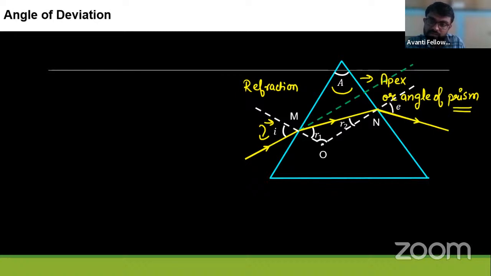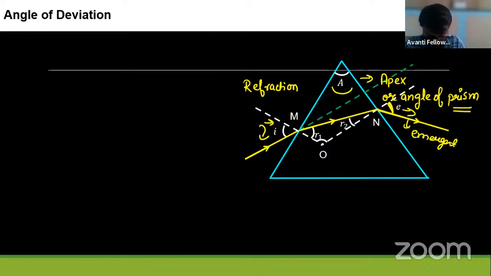So if you see here, see what is happening when the ray is coming out like this. This emergent angle is this, which the emergent ray makes with the normal. See this. This is the emergent ray.